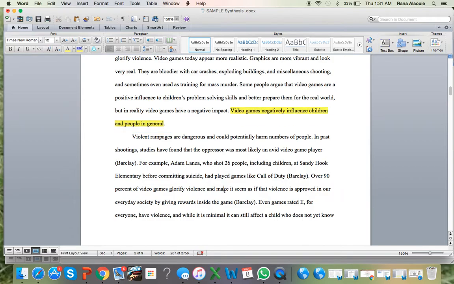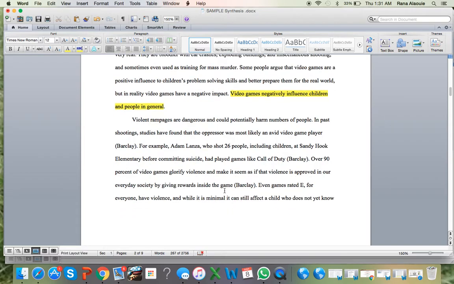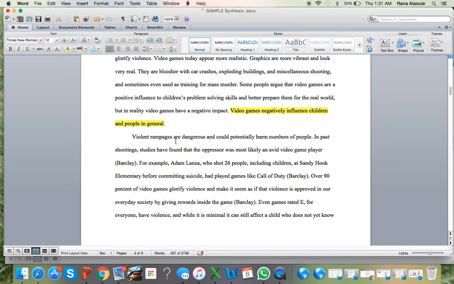Then the student spent the first body paragraph talking about violent rampages. Basically what she's saying in this first body paragraph is that video games influence certain individuals to enact or participate in violent rampages, or trigger violent rampages.